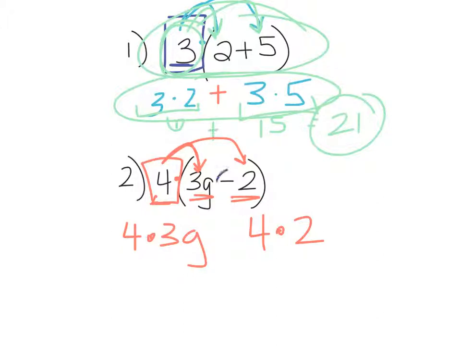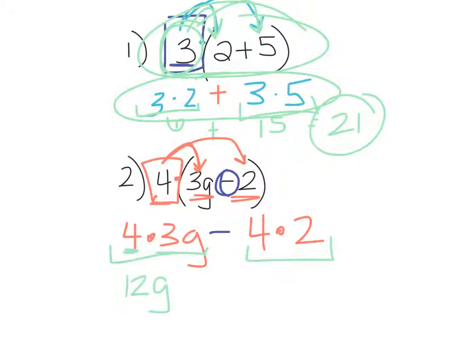This time around, the symbol we're using to connect both of the expressions together is a subtraction symbol. We can continue to simplify. We can't officially solve this expression because we have a variable and we don't know what that variable or letter is equal to. But we can do 4 times 3G. You just take the whole numbers and multiply them together. 4 times 3 is 12, and we bring the G along for the ride.